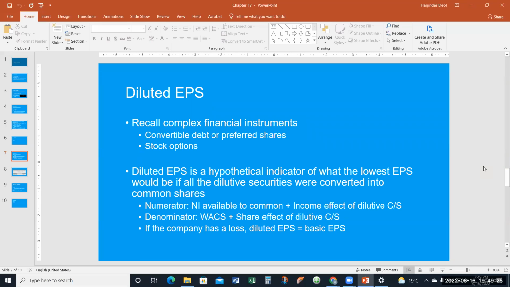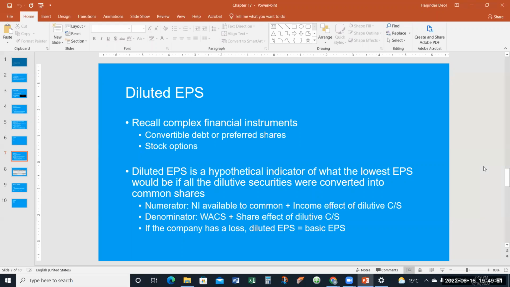Well, if the convertible bonds are converted into common shares, that's going to result in more common shares, right? It's kind of like, in olden times, if you had a family of 4 and there was a pizza, you cut up the pizza into 4 large slices, and that's what people ate.